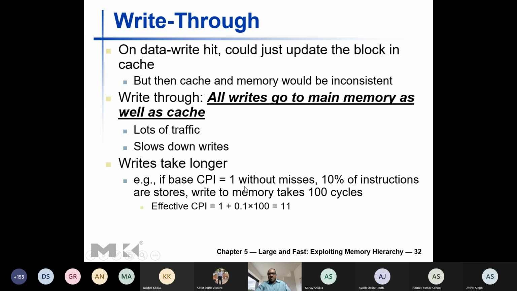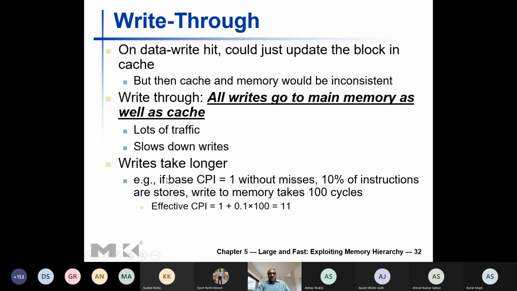Assume that 10% of instructions are stores, which means you are writing something into the cache, and that has to be immediately written into the memory also. For every write into the cache and memory together, it takes about 100 cycles.